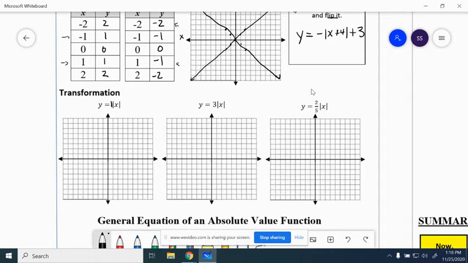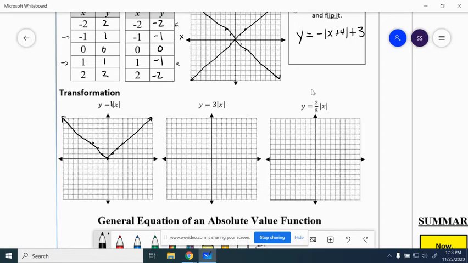So here's our parent function. The vertex is right at (0, 0). And basically what we're doing is we're going over 1, up 1, over 1, up 1, over 1, up 1, and going in the opposite direction as well. Okay, so there's our parent function graphed out.